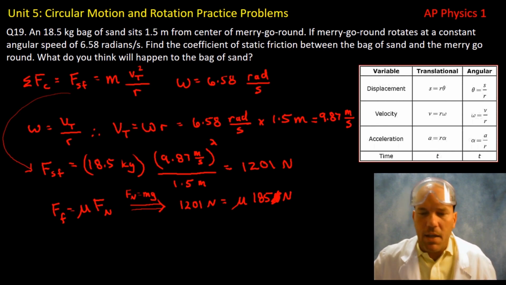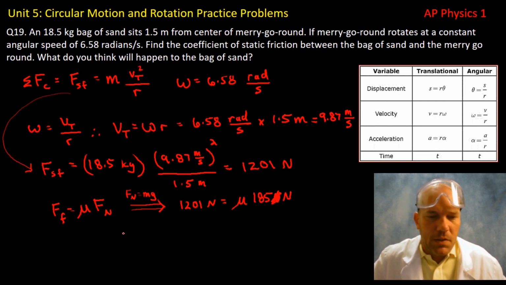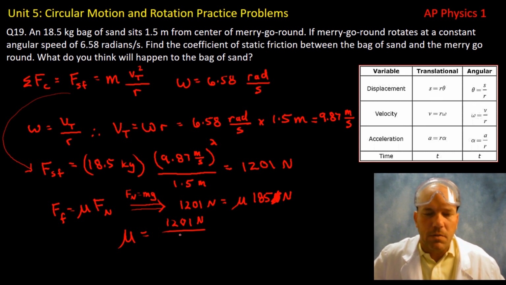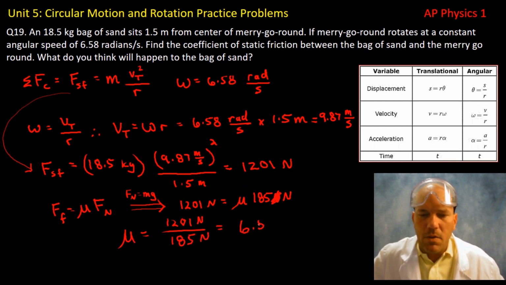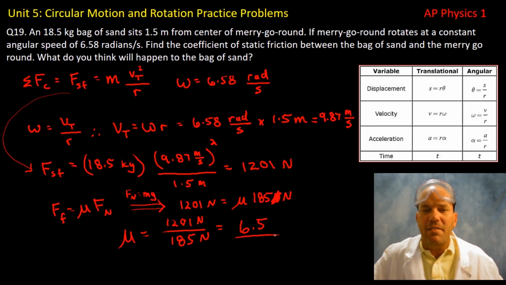Okay, and lastly, we're going to solve for mu by saying we have our just over 1200 newton force divided by 185 newtons, and that's going to give you a mu value of 6.5.